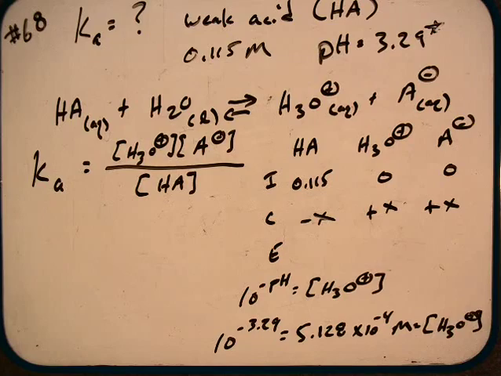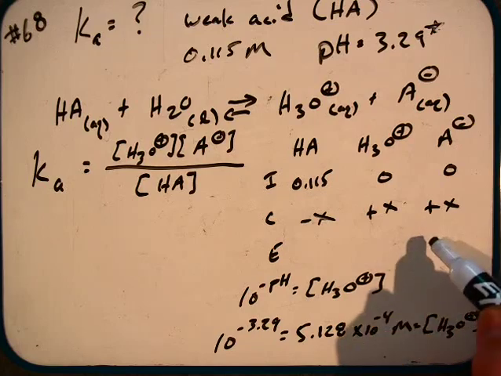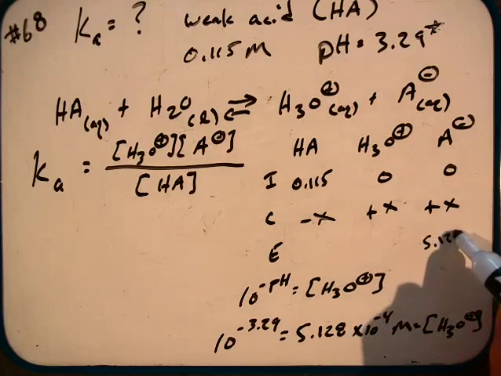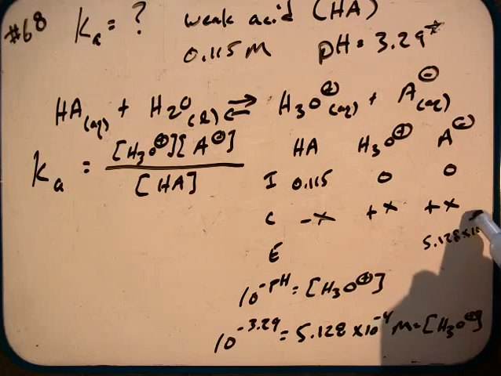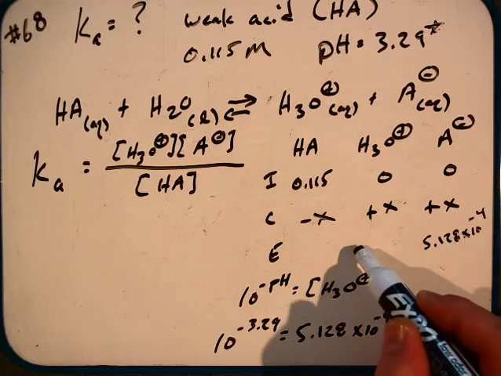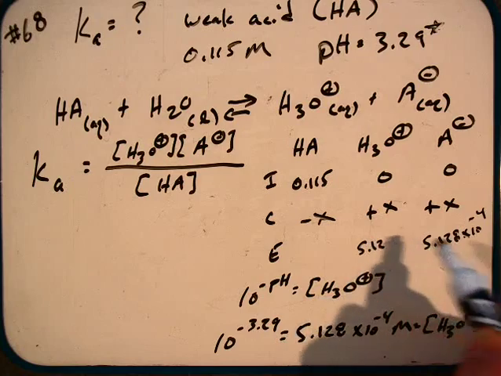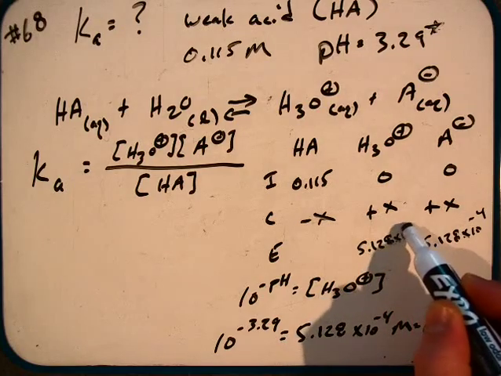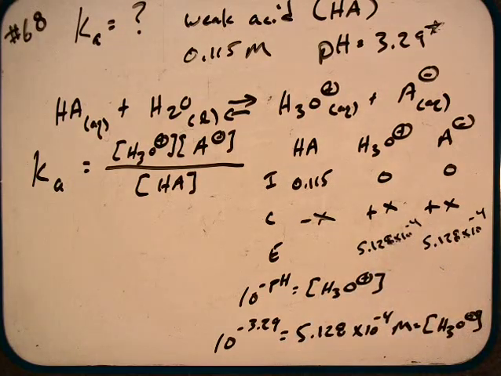And remember, that's the H3O plus concentration. So that's our concentration right here, and also right here, because those are equal. Those are both X, so those are both the 5.128 times 10 to the negative fourth.